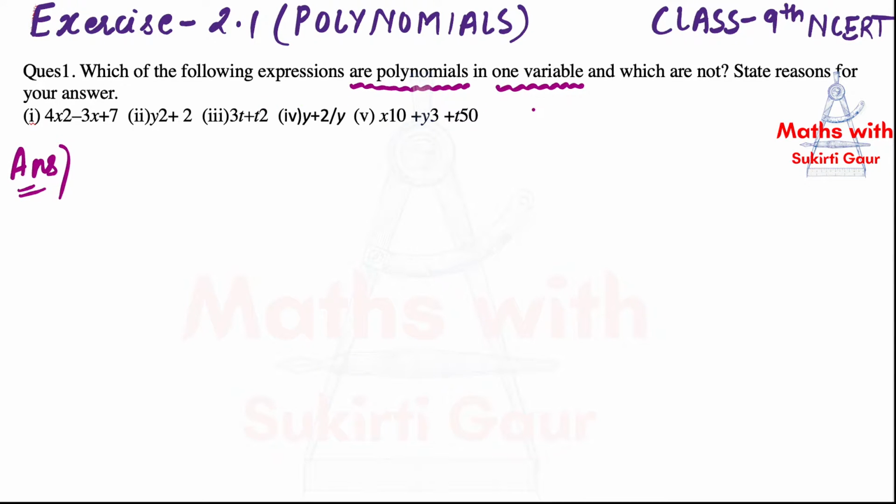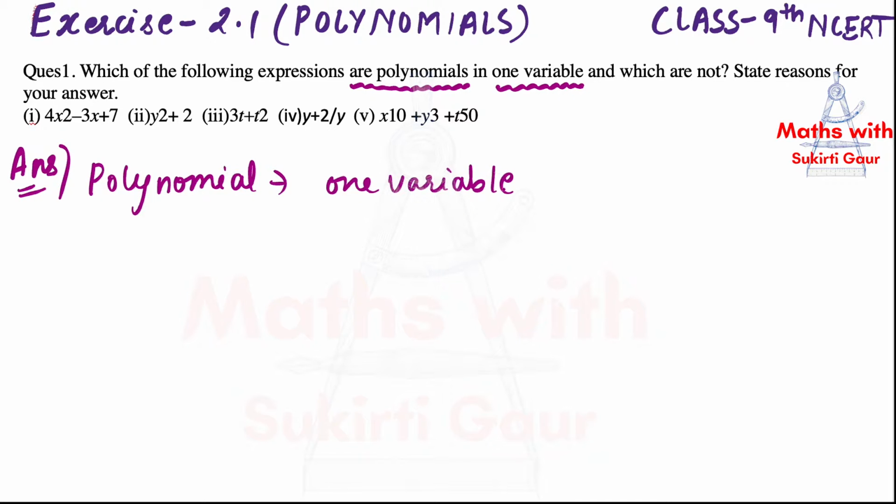So it is very clear by the question that they are asking about the polynomials having only one variable. Now one variable means there should not be any 2 or 3 types of variable over there.